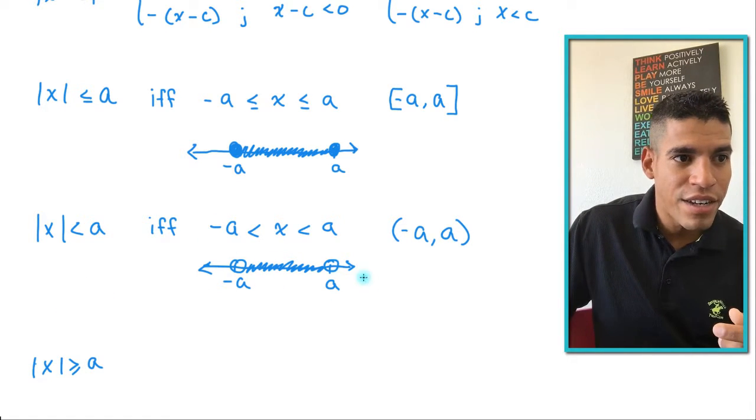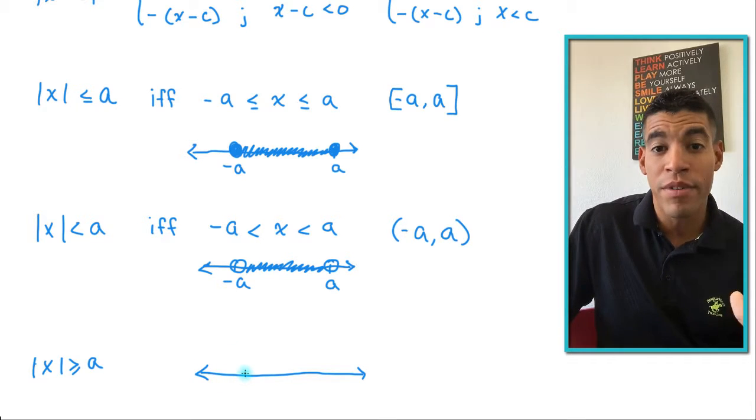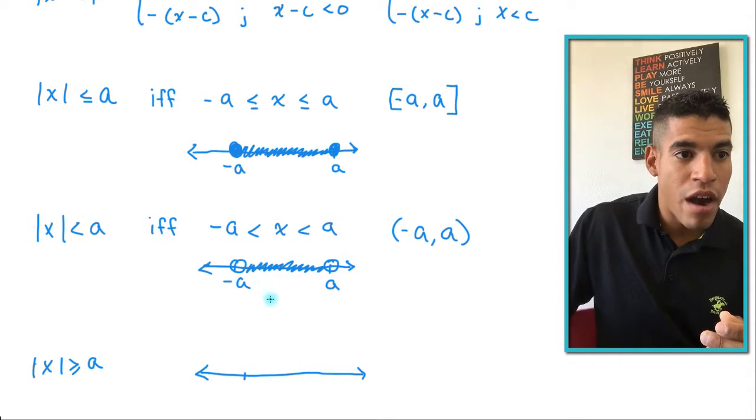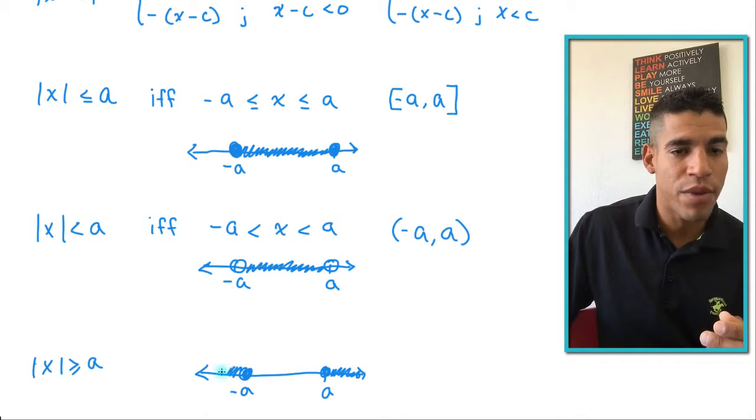So what's the negation of this representation? And you see why I'm doing it backwards. It's easier. Well, we still are in minus a and a, but now I'm going opposite sides, and I'm bolding a. Right? Because it's the negation of this one.